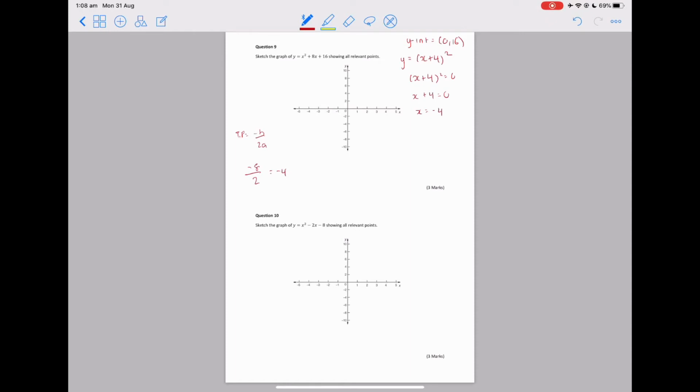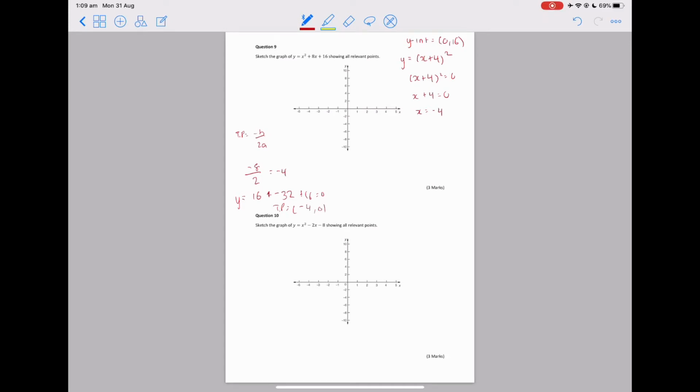So if you do that, then it's going to be y is equal to (-4) squared, which is +16, -4 times 8 is equal to -32, and your +16, which in this case is going to get equal to 0. So therefore, your TP is going to be equal to (-4, 0).